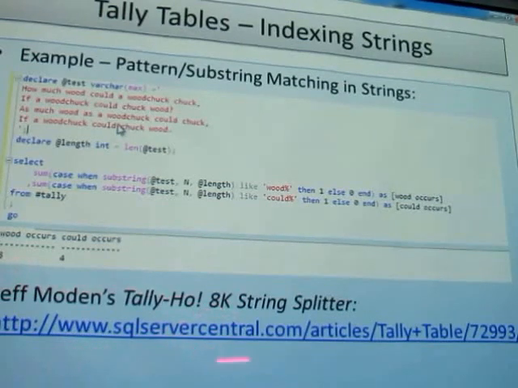This particular mechanism only works on strings up to 8K, which is the maximum size of a varchar or nvarchar before it becomes a text block. But that's quite efficient if you need to do string splitting on a delimiter.